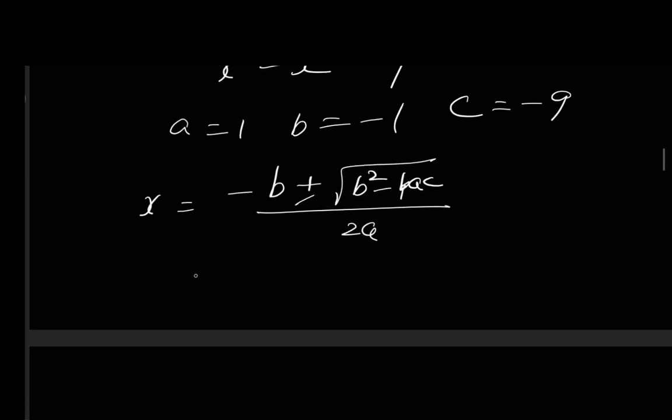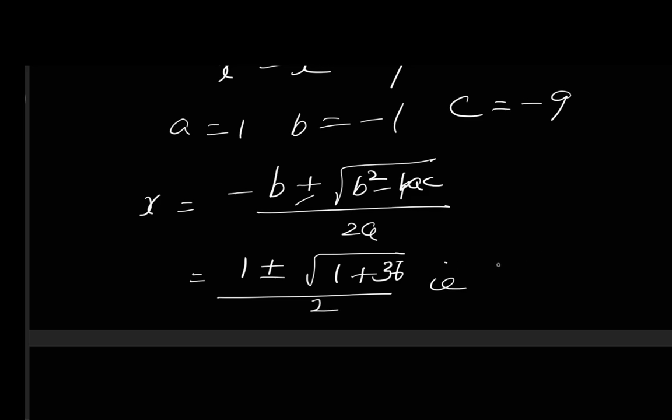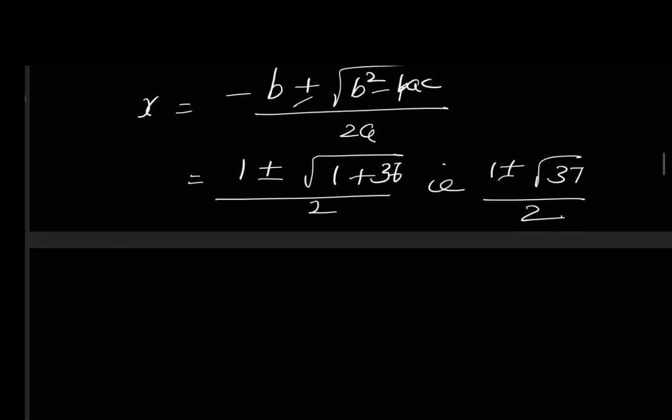That is 1 plus or minus root of 1 minus 4 into 1 into minus 9, that is 36, so 1 plus or minus root of 37, by 2. This is your answer.